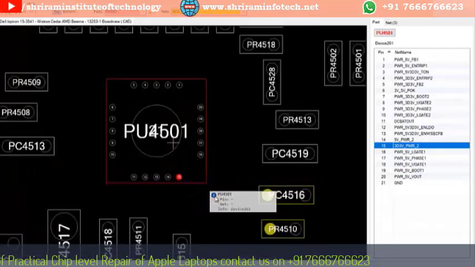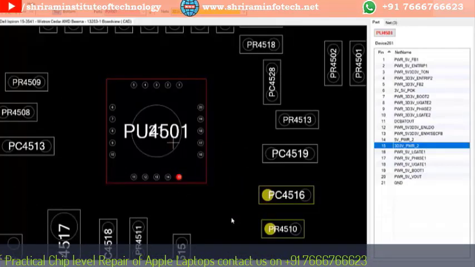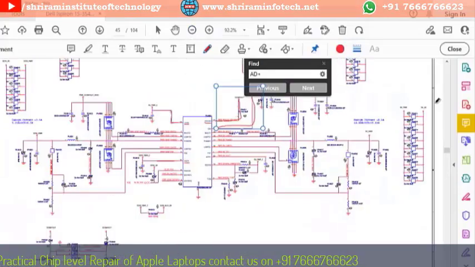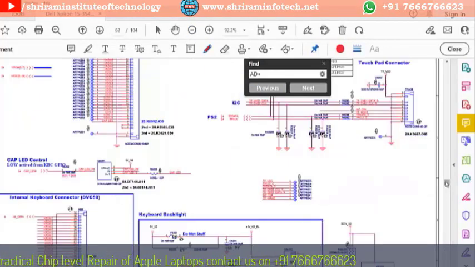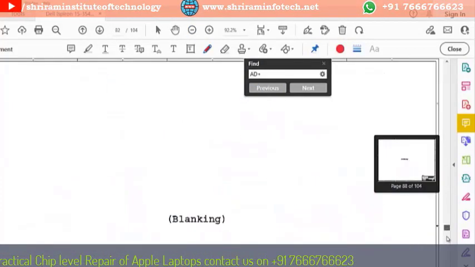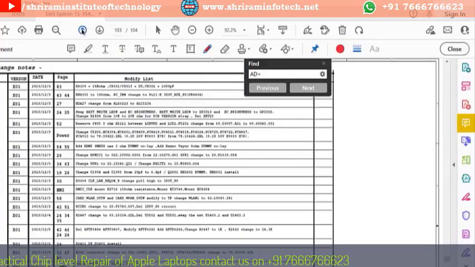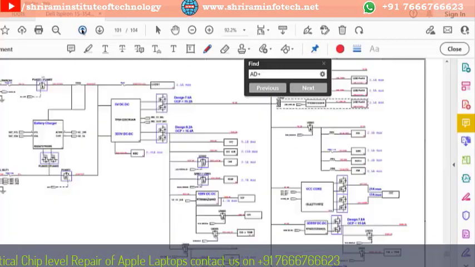Once this voltage is coming, then next we will go to the SIO, and we'll see how this power on takes place. So we'll go to the schematic diagram. We'll go to the last page. You can see normally in Wistron motherboards or in Dell motherboards, you will get ladders.